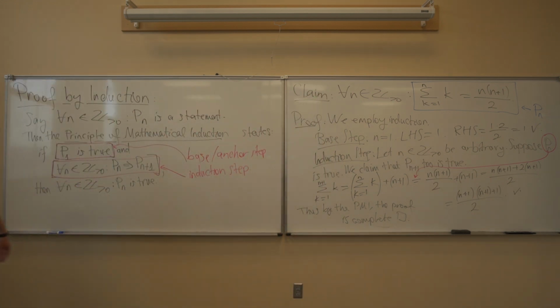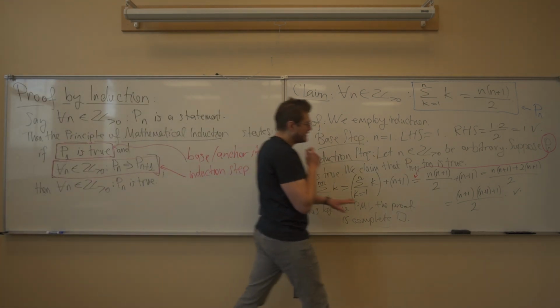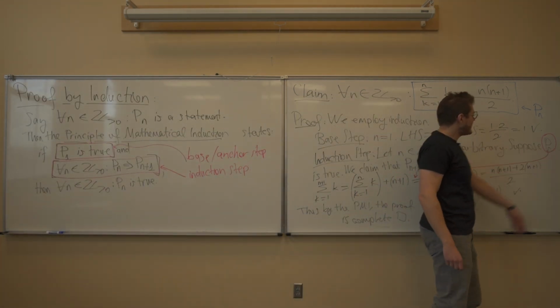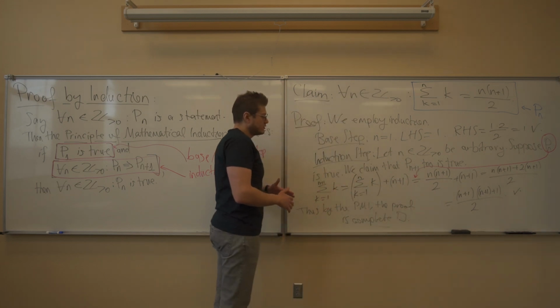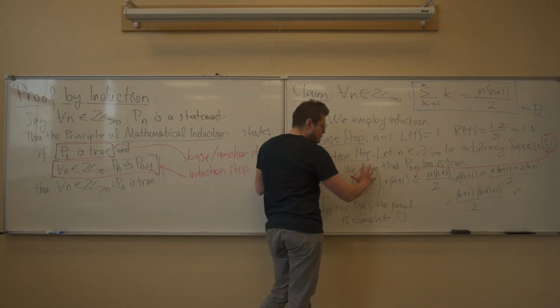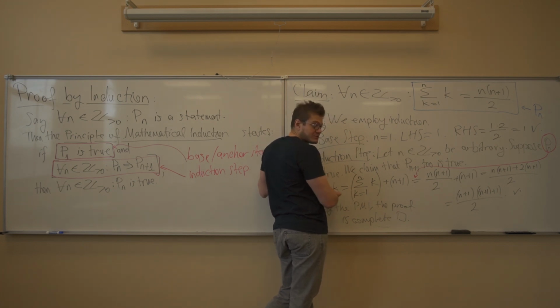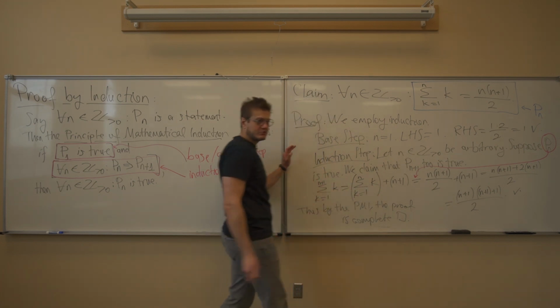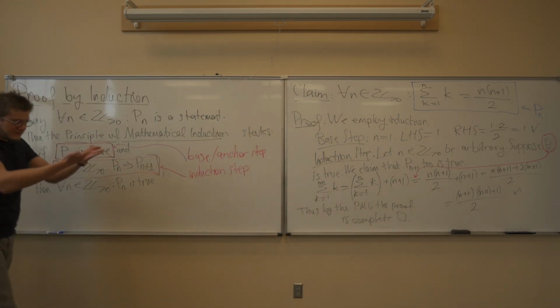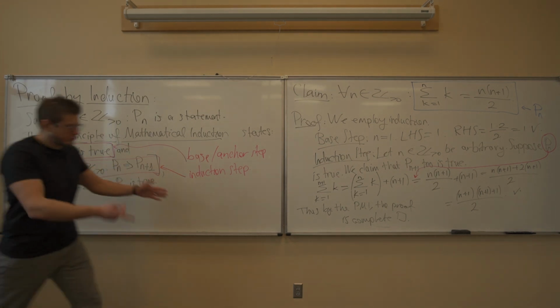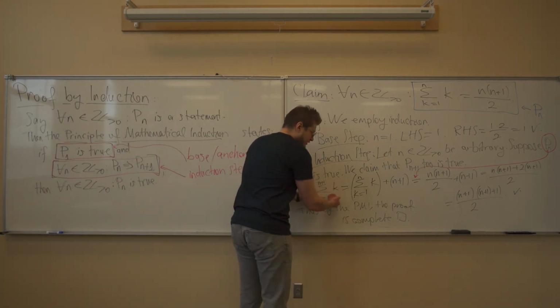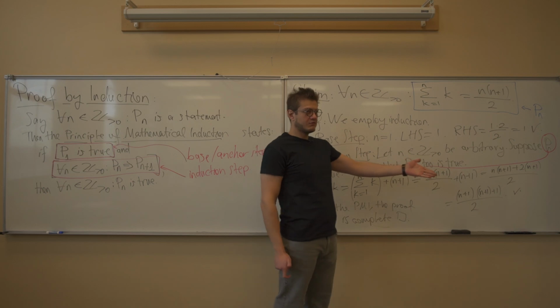It's kind of awkward, I realize. It just takes some time to get used to these things. Because I'm assuming that P sub n is true, that means that I get to manipulate this expression. I can try manipulating the other expression as well, but that's what I'm trying to do. And yesterday, without doing this shenanigans, we just took this expression and manipulated it and got the formula again, right?